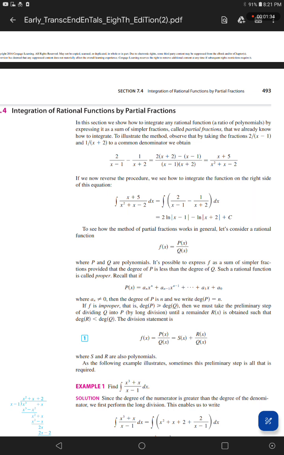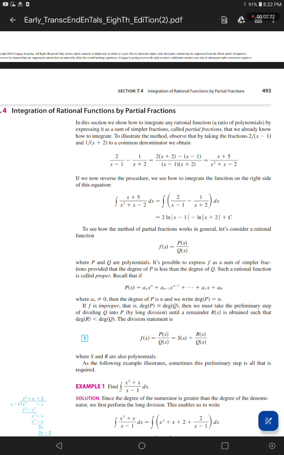The integral of (x plus 5) over (x squared plus x minus 2) dx equals the integral of (2 over (x minus 1) minus 1 over (x plus 2)) dx equals 2 natural log of the absolute value of x minus 1, minus the natural log of the absolute value of x plus 2, plus C.